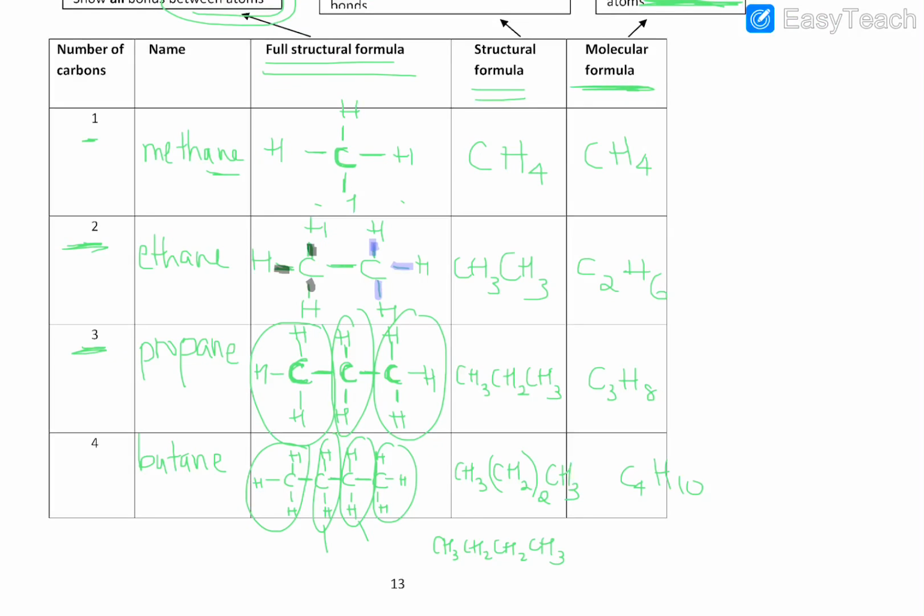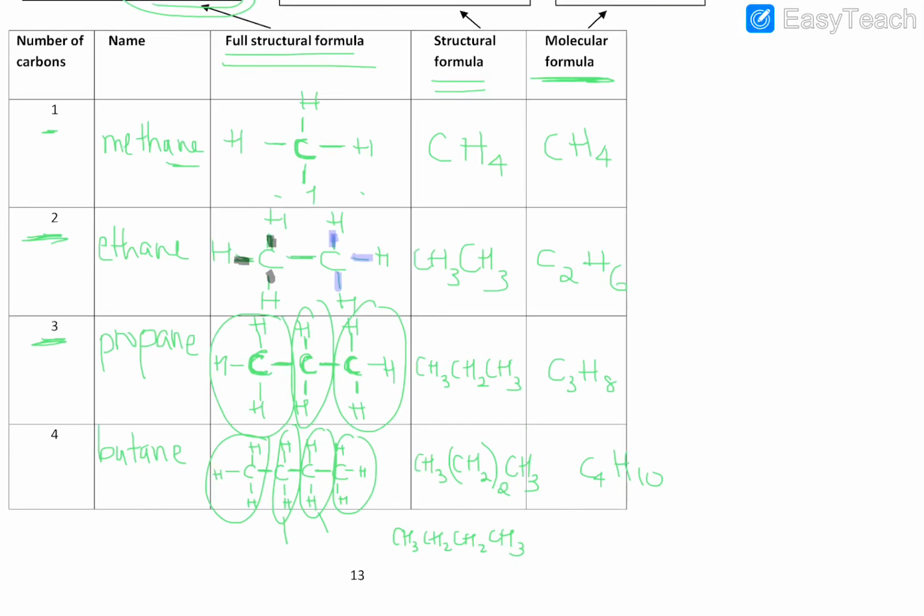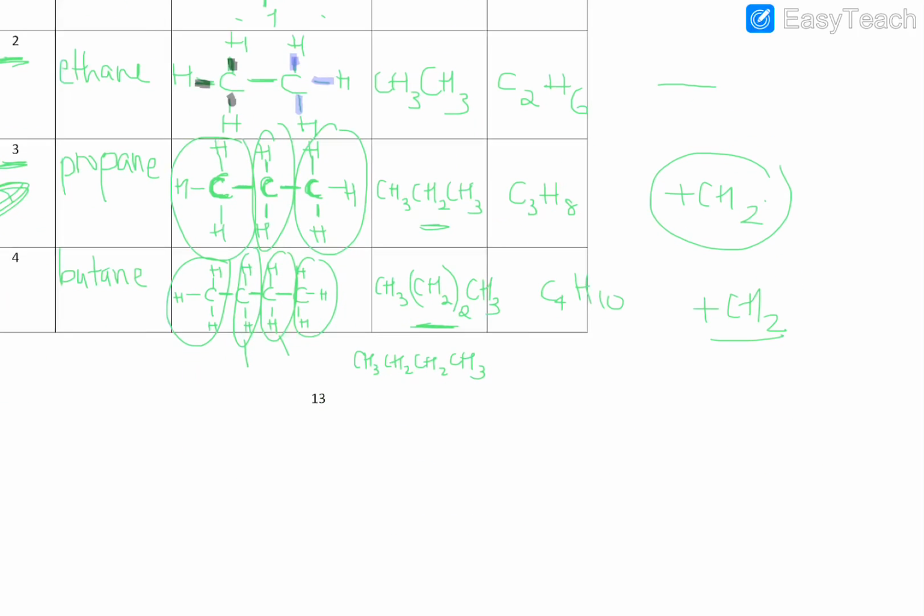We're adding a CH2 here. So we add a CH2. We have added a CH2. We have added a CH2. If you look at this one here, we have added a CH2 to the previous one, to propane. So if you add a CH2 to propane, you end up with butane. So you see that for each member, you're adding a CH2.